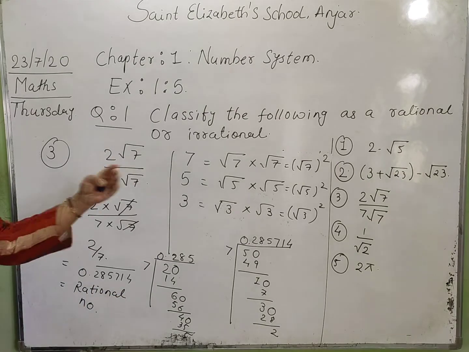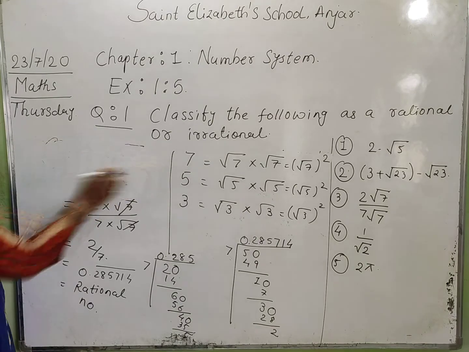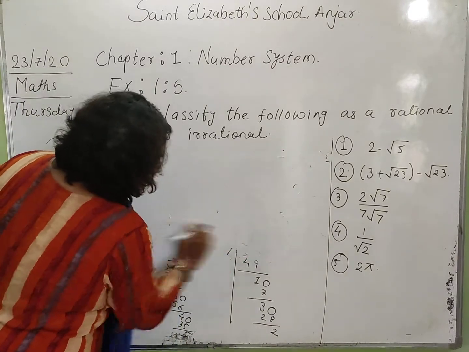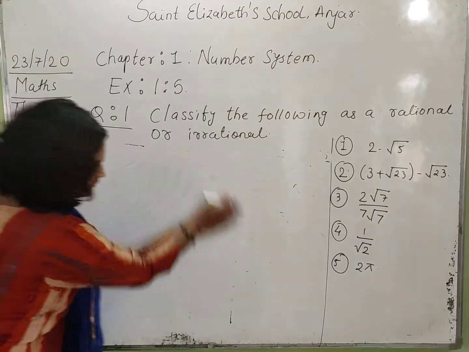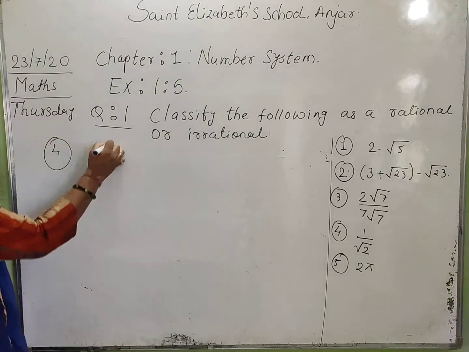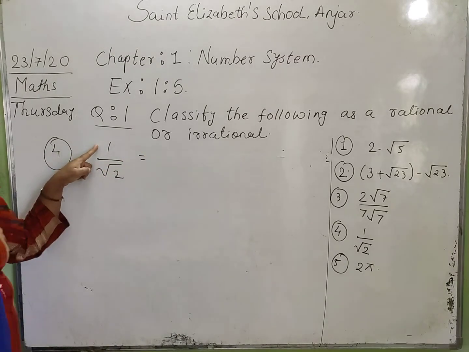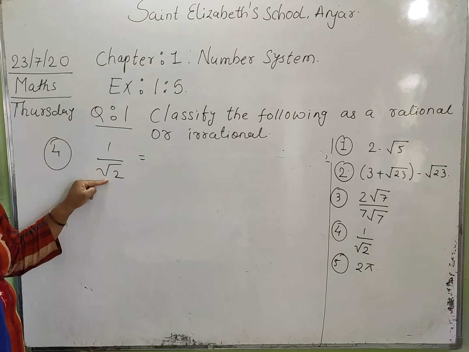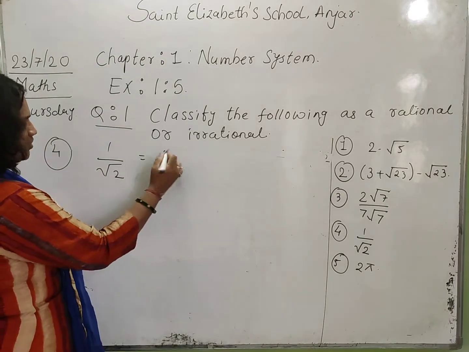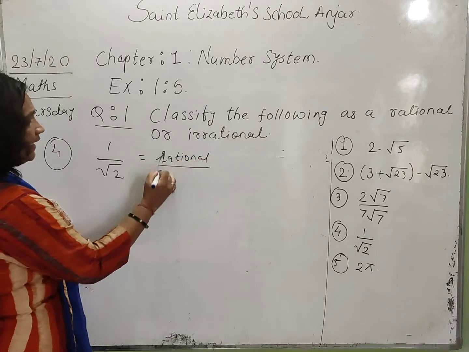Okay, now we move to the fourth one, that is 1 upon root 2. Now see here, a simple method I am going to use. This is rational but this is an irrational number. So when we divide any number by an irrational, it is irrational here. So we can write this as rational divided by irrational.